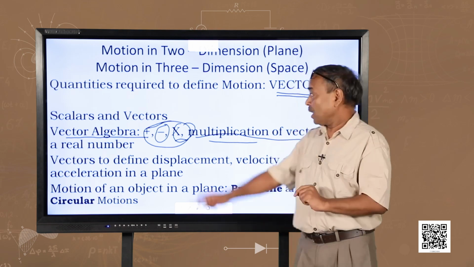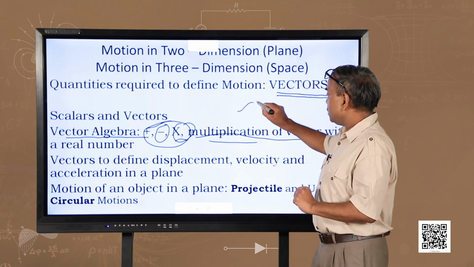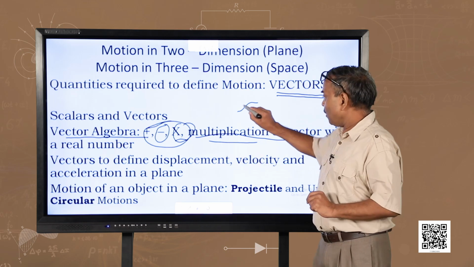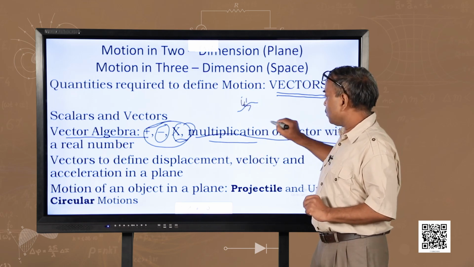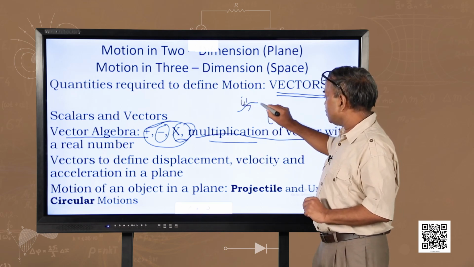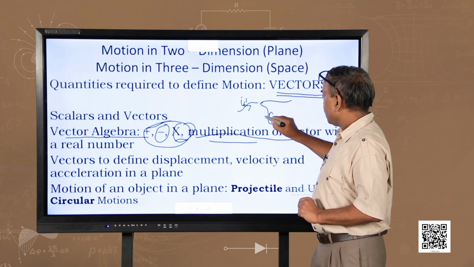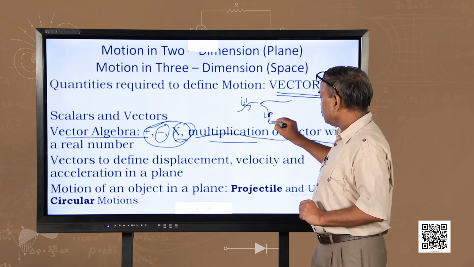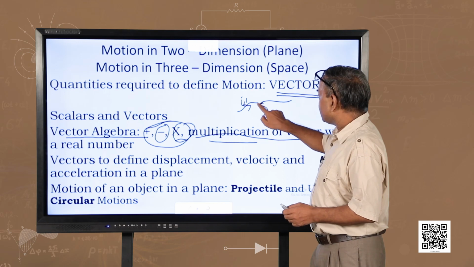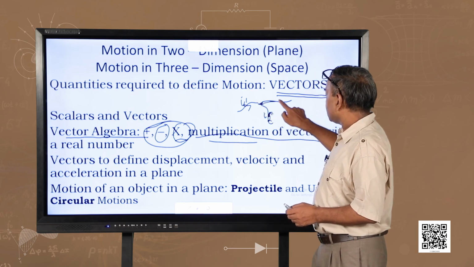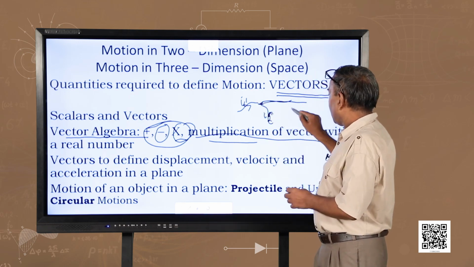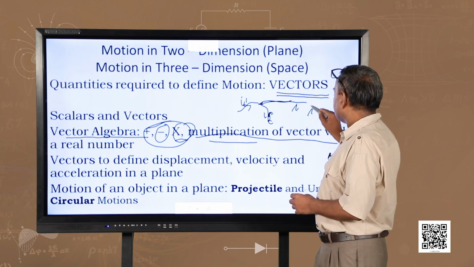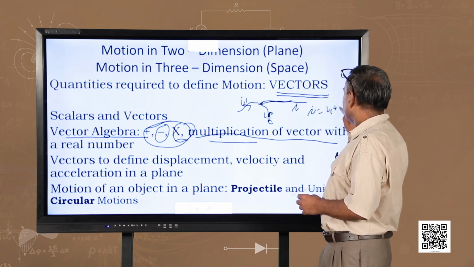I give you an example. You see the electric current: there is one wire in which current I1 is flowing, and there is another wire which joins at this point, carrying current I2. The two wires join here and give another current I. So this I is simply I1 plus I2.